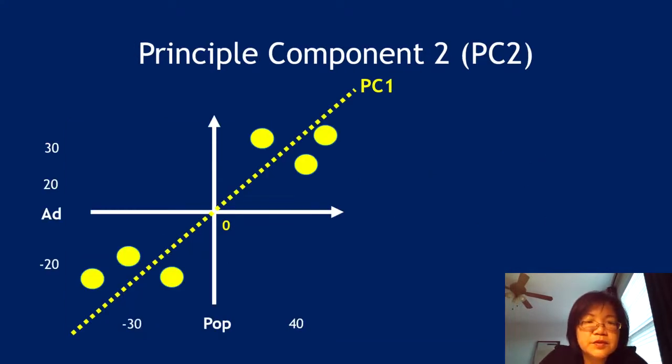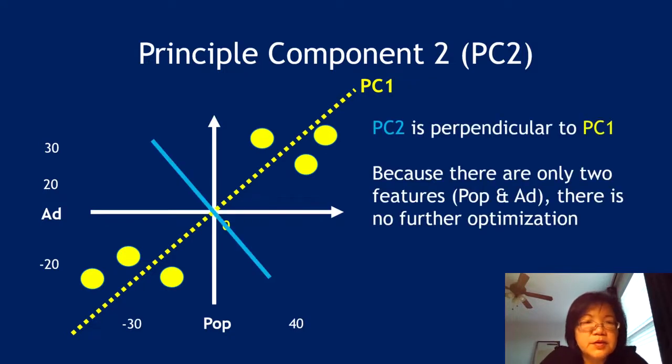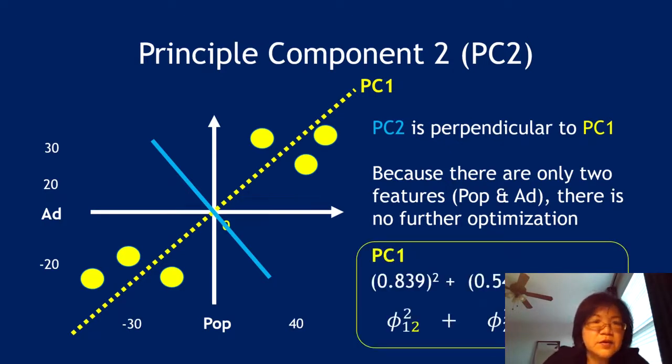So once we have principal component 1, then the second principal component has to be perpendicular to the first one, because in this particular case, we only have 2 features, pop and ed. There's no further optimization. We find the perpendicular line, and then the 2 of them will capture everything in the data set, as we can only have 2 principal components when you have 2 features.